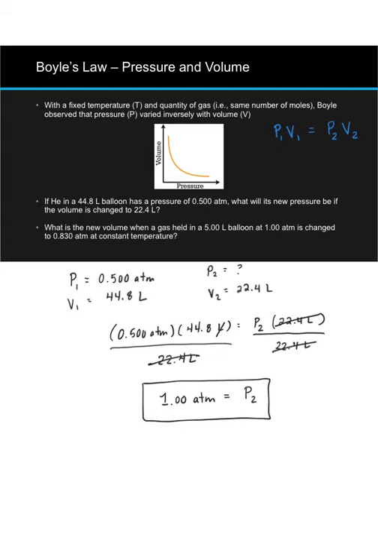Our new pressure, 1 atmosphere, is higher than our original pressure, just like we'd anticipated through intuitive analysis of this problem. So, I'd encourage you to pause this video here and try the second problem, then come back for the solution.